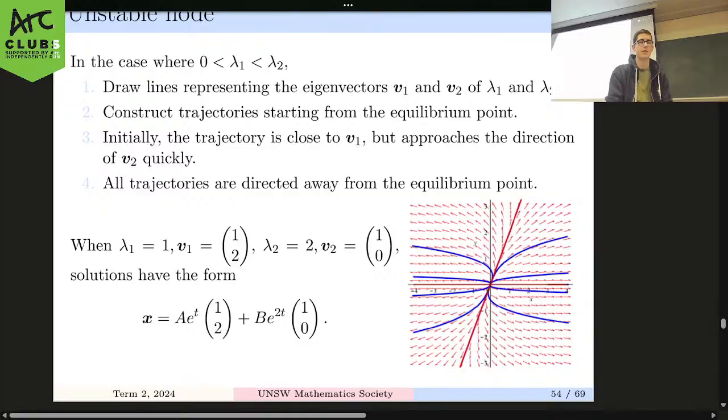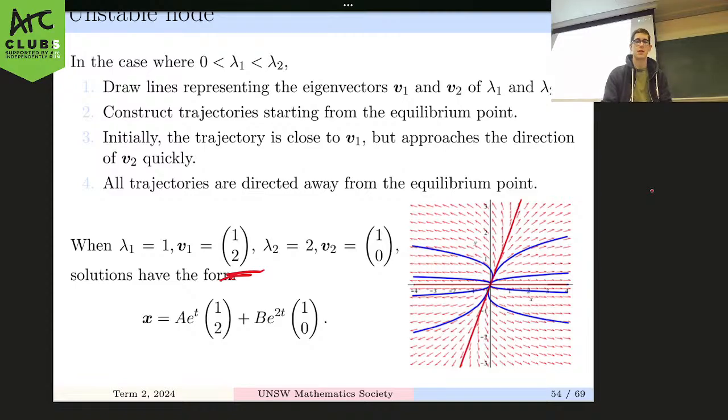So this one now is representing the case where we have two distinct positive eigenvalues. In that case, we can do the same thing. We can draw the eigendirections. So 1, 2, that would be this direction here. That's the weaker eigenvalue. For the stronger eigenvalue, the 1, 0 direction here, you can see how the solutions asymptotically approach this direction.